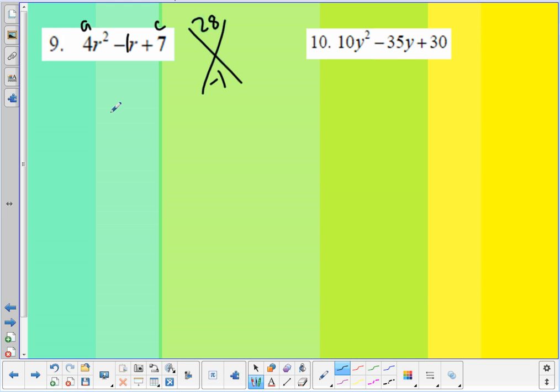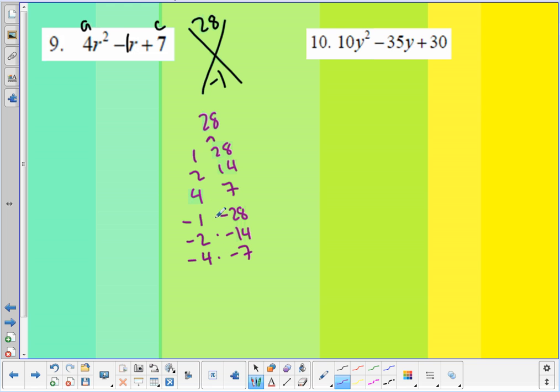Then I take a look at numbers that will multiply to 28. If I think about numbers that multiply to 28, I have 1 times 28, 2 times 14, 4 times 7, and nothing else. But then I could also do negative 1 and negative 28, negative 2 and negative 14, and negative 4 and negative 7.